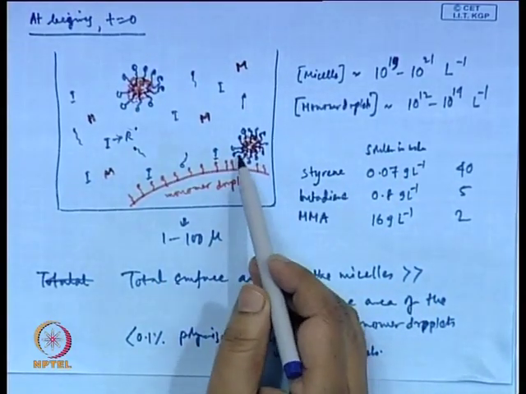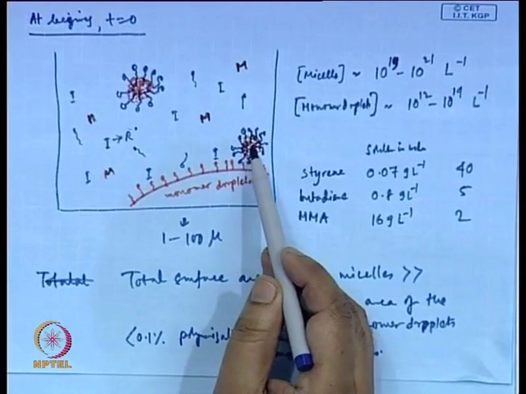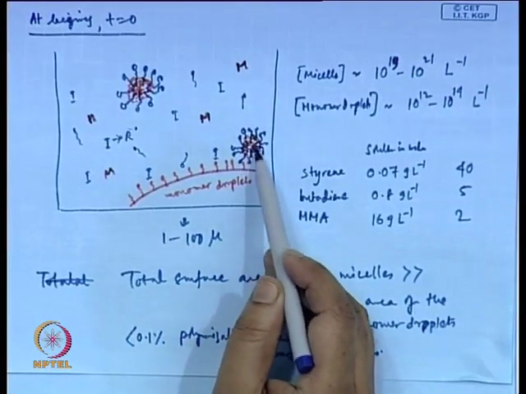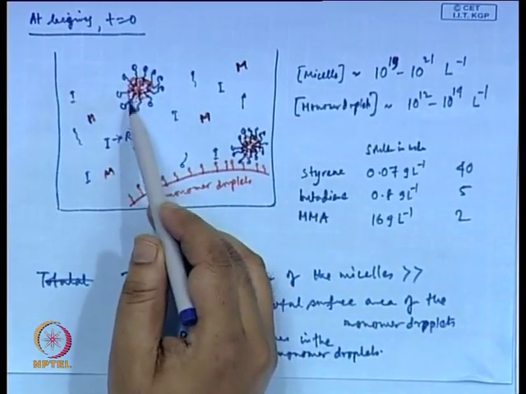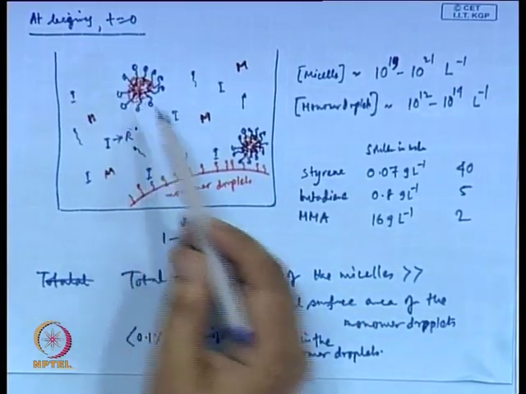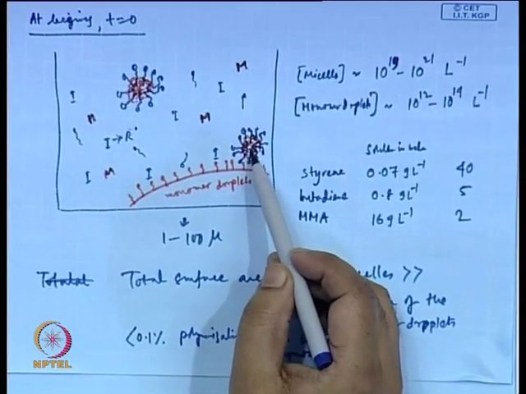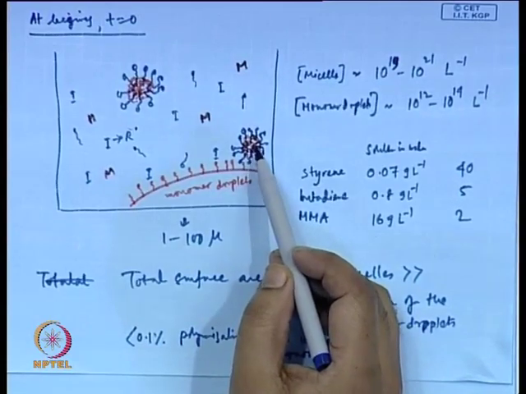Now, once the propagating radical or the primary radical gets into this micellar core, they will start the polymerization reaction. Once they start the polymerization reaction, the monomer concentration will be lower, because monomer is getting converted into polymer.